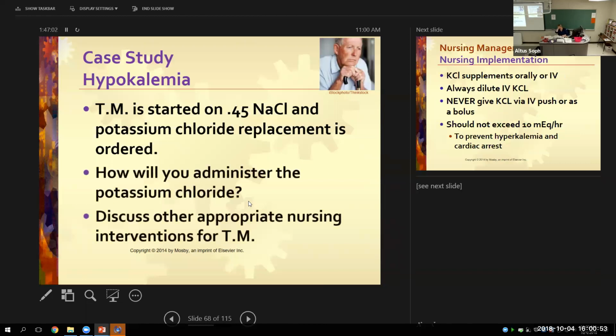Depending on how low he is, he was 2.8, the doctor will probably start by ordering potassium via IV piggyback, not a push. 10 milliequivalents in 50 cc's over at least 1 hour. He may order 2 or 3 of those. And then he's probably also going to put the patient on PO potassium, maybe 10 milliequivalents TID or something like that.